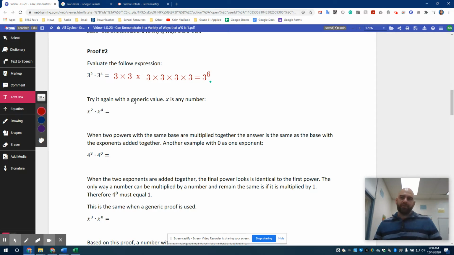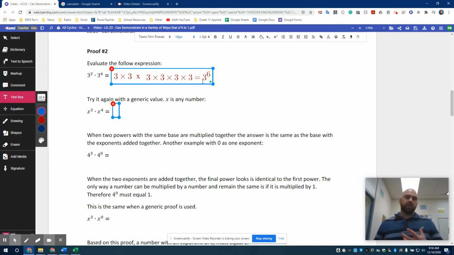Now, if we try it with a generic number, again we're going to use algebra in this case, we're going to use a variable. If we do x squared times x to the 4th, this gives us x times x, and then we multiply by x times x times x times x, which in fact is going to give us x to the power of 6.